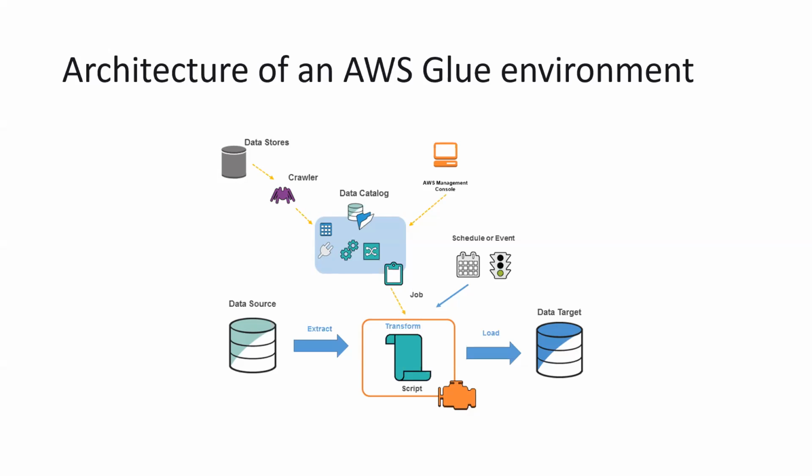AWS Glue also supports data streams such as Amazon Kinesis Data Streams and Apache Kafka. And what are the data targets that AWS Glue supports? It supports data stores Amazon S3, Amazon RDS, and third-party JDBC accessible databases.